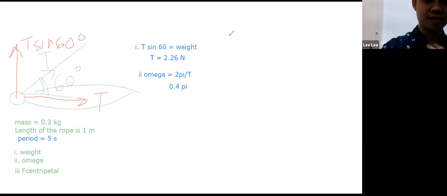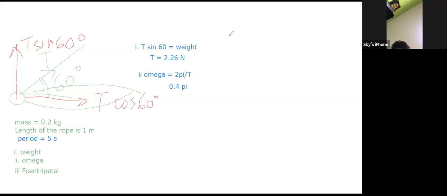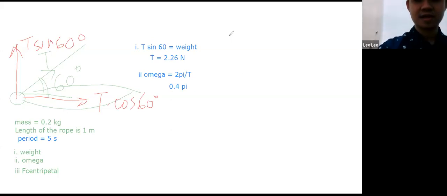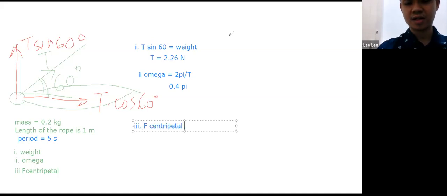Given by the T times what? Cos 60. Yeah, because it's the only force that heads to the center. So for this case, the centripetal force is provided by the T times cos 60. Other information is not really important anymore.